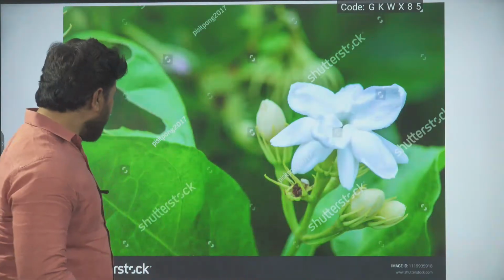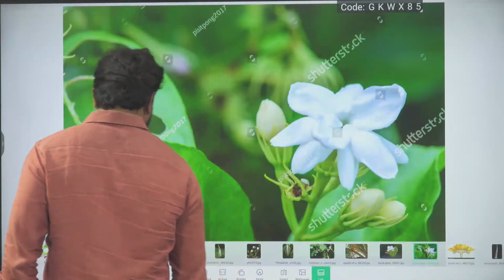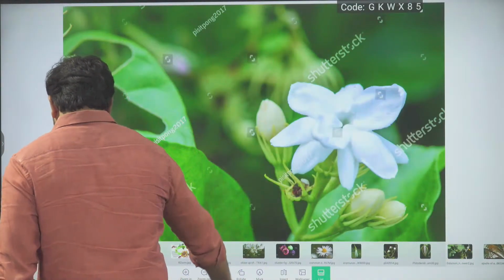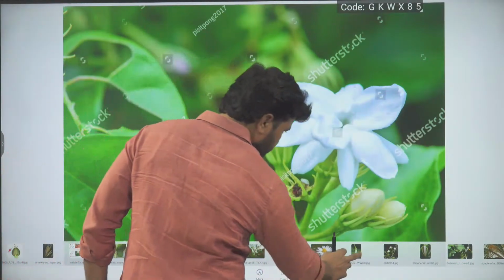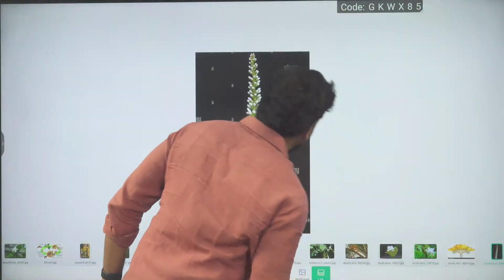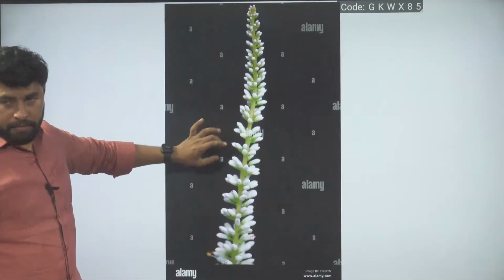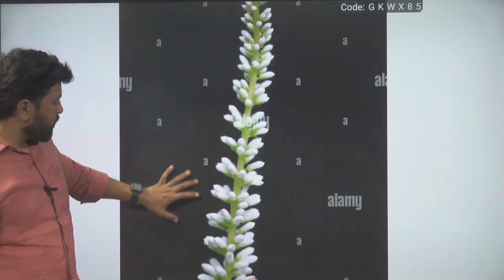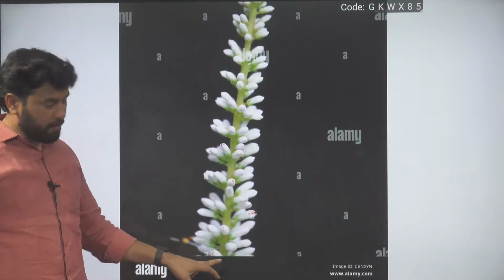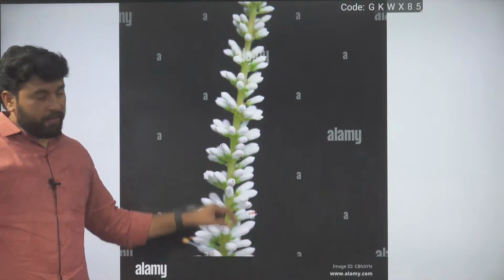Okay, let me show you some more varieties of inflorescence. One by one I will come, first I will take racemose inflorescence. See this racemose inflorescence axis closely. See, this is the base. You can see at the base there are old flowers.